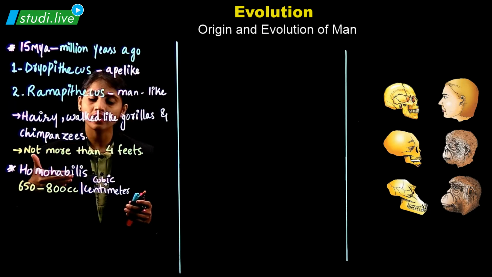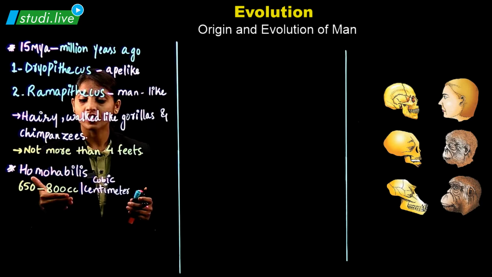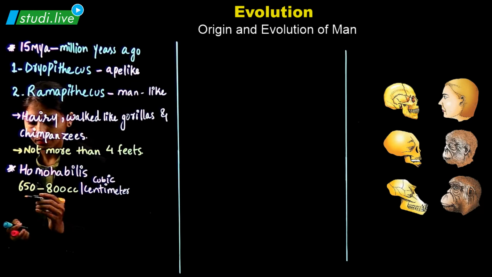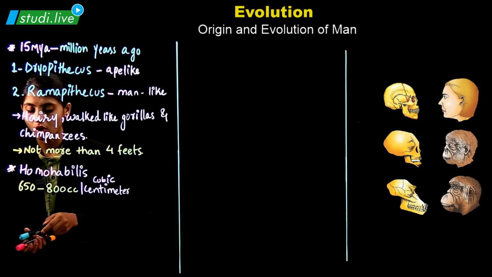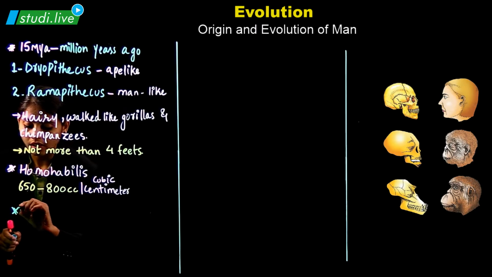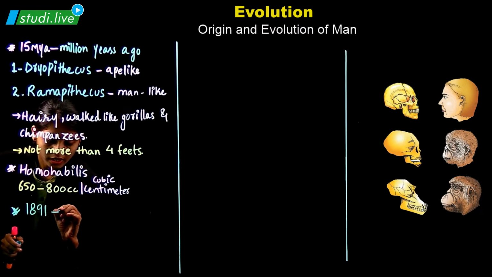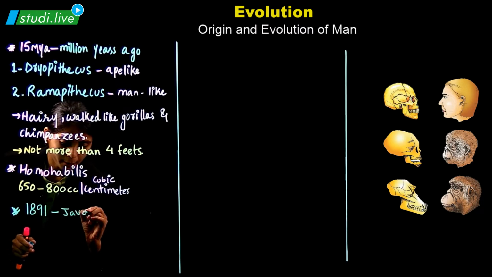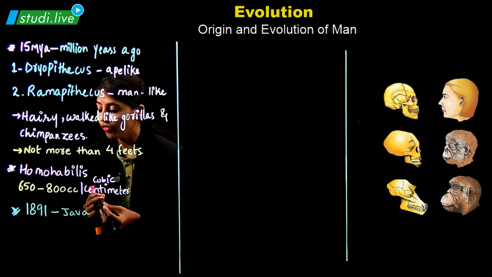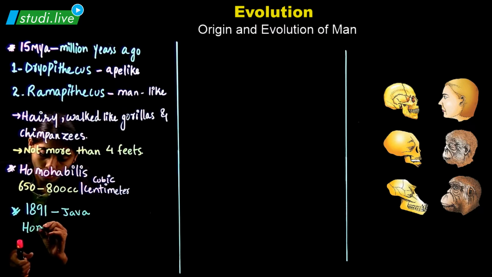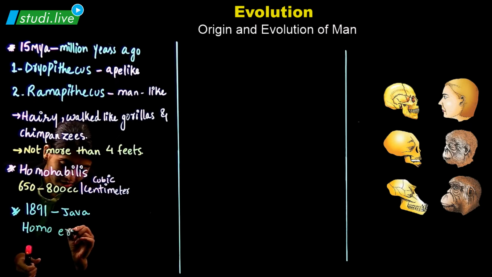Now in the later species, coming from the Homo habilis, found in Java in 1891, we have the class of Homo erectus.